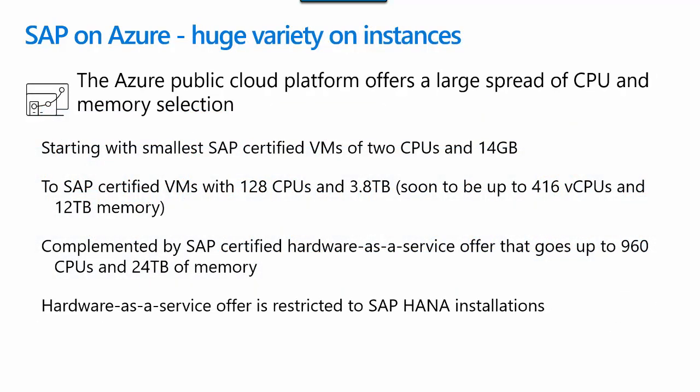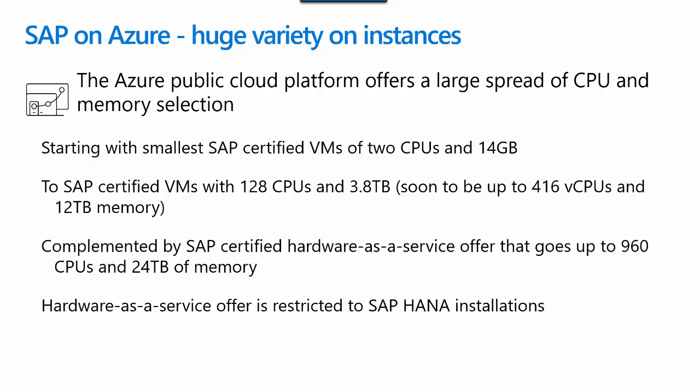More specifically, we have small machines from 2 CPUs, 14 gigabytes in memory to run a small instance of application server or the SAP central services. The larger VMs, 128 CPU and 3.8 terabytes, up until last week was the largest M series machine that we had for you to run your SAP HANA.